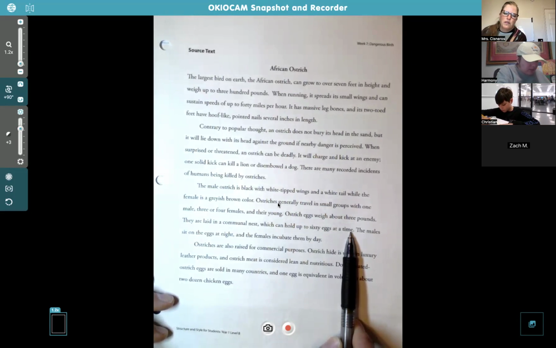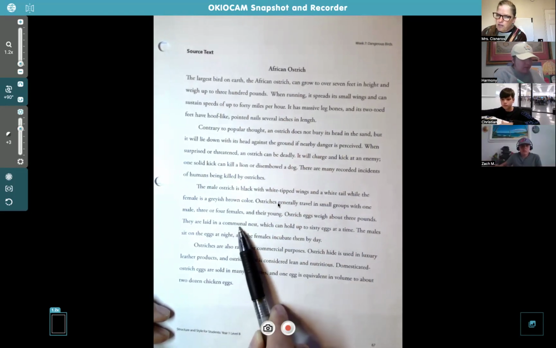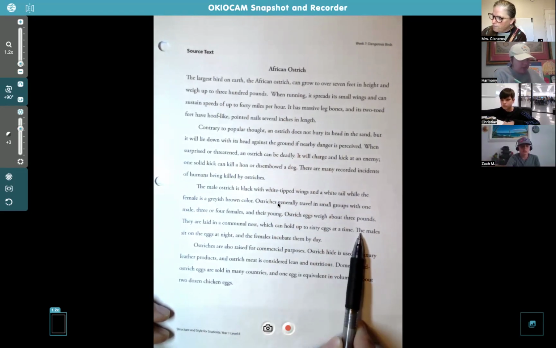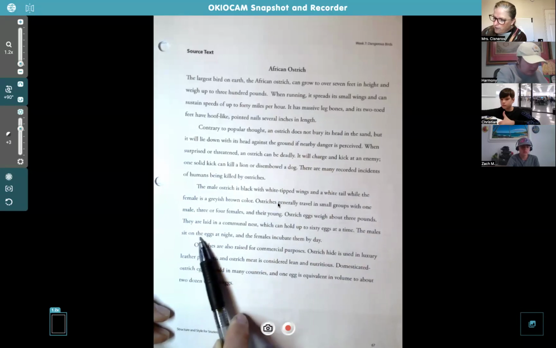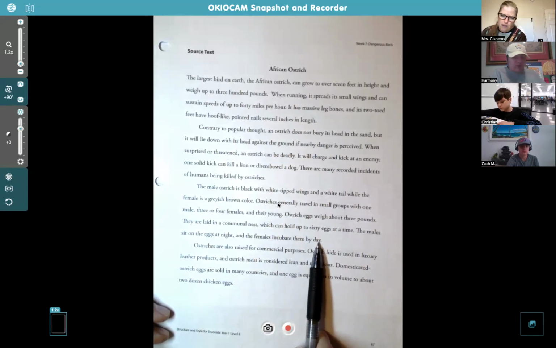By the way, communal means they share a nest. So wherever they are, it must be a big nest. Because these eggs are 3 pounds. The males sit on the eggs at night, and the females incubate them by day. So they take turns sitting on the eggs. That's interesting. Sometimes the dads sit on the eggs, and sometimes the moms sit on the eggs.